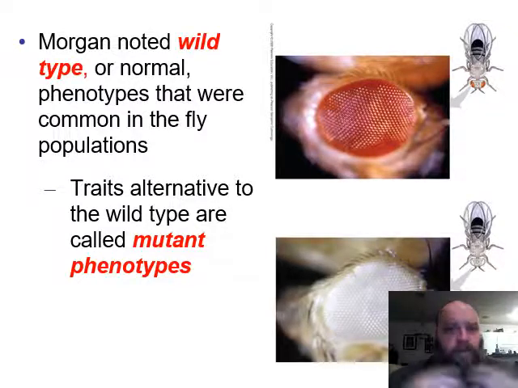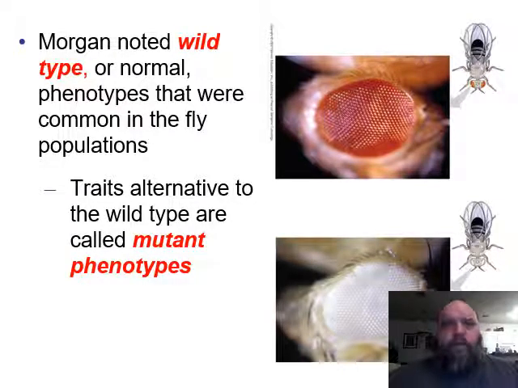He found that there was some variability, but there were things that were predominant throughout. These predominant or quote unquote normal appearances of the phenotype, he referred to as wild type. Any alternatives to the wild type, he referred to as mutant phenotypes.